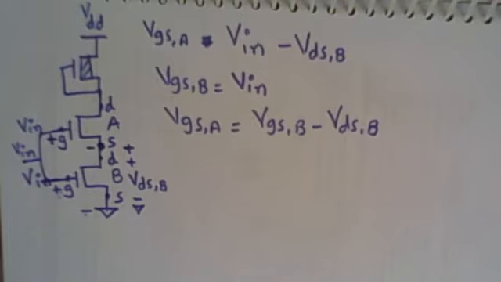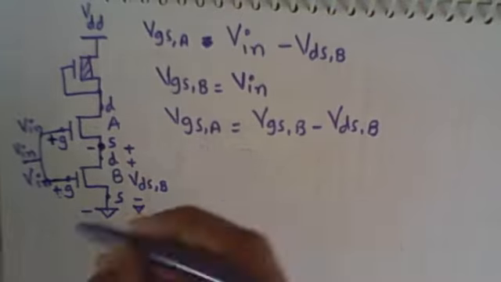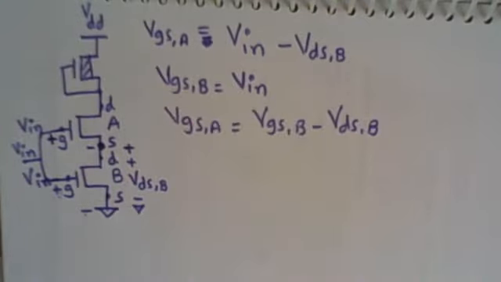Because the drain and source terminals of MOSFET B are connected at the same node. So VGS of A is equal to V in minus VDS of B, and VGS of B is nothing but the gate terminal of B connected at the input, and the source terminal of B connected at the output. So VGS of B is equal to the input. So we can say VGS of A is equal to VGS of B minus VDS of B.